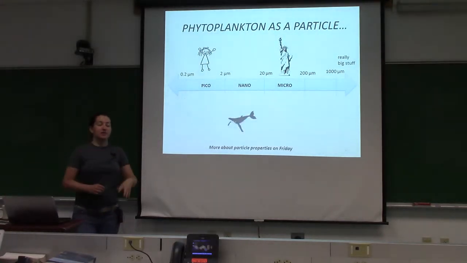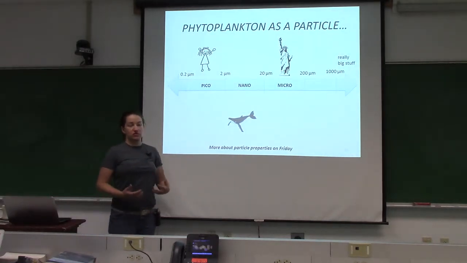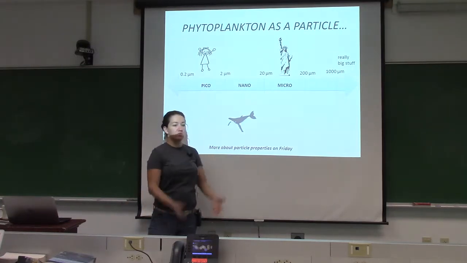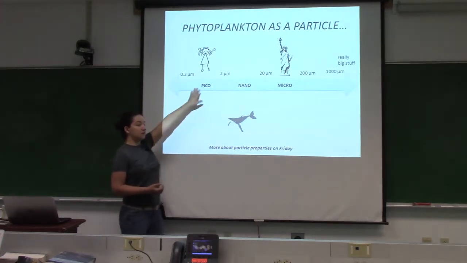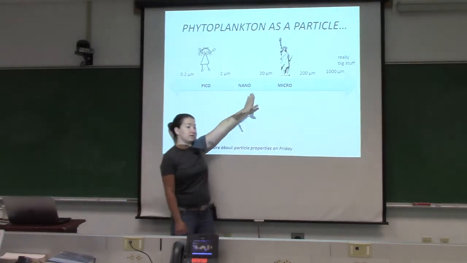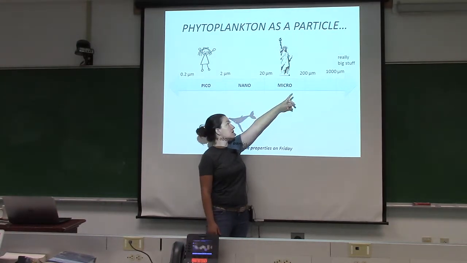It's very easy to think about pico, nano, micro, but what do those size ranges actually mean? We dump them all together and think about them as happy organismal thingies that exist in the same life and treat them in the same way. But if you're a pico, then something that is the length of a whale is nano, and something that is the size of the Statue of Liberty is micro.